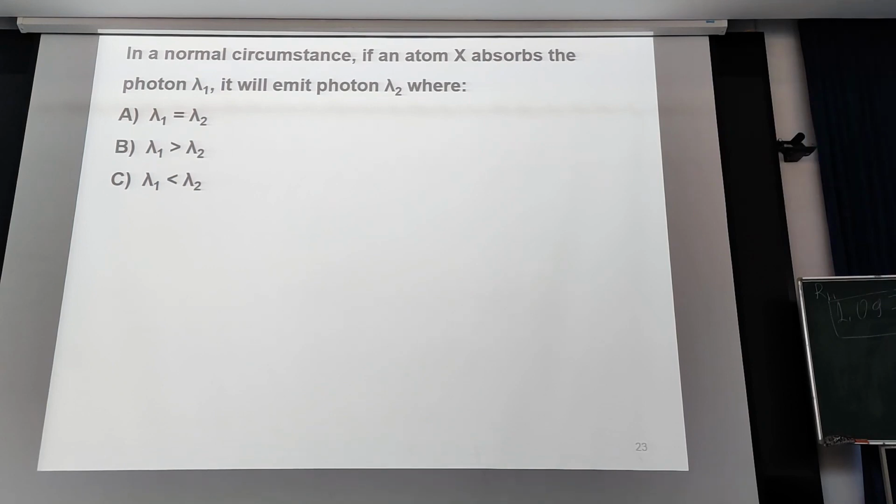So energy equal delta E equal this one, right?